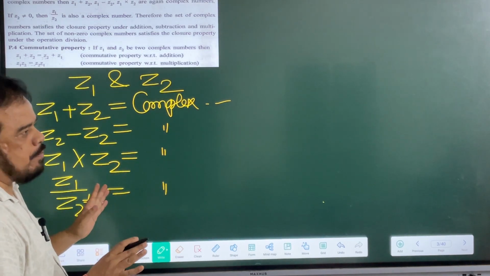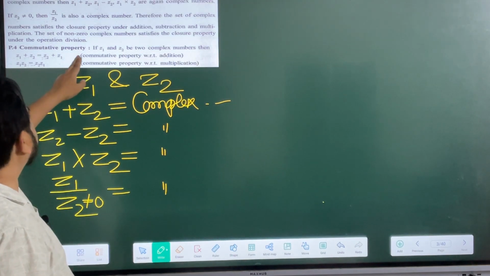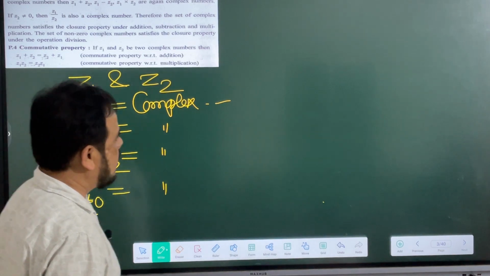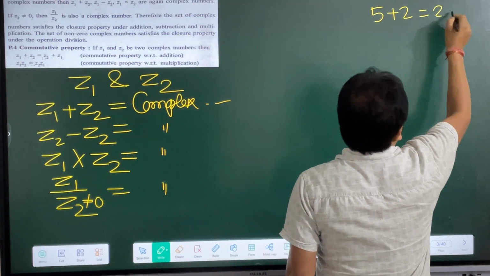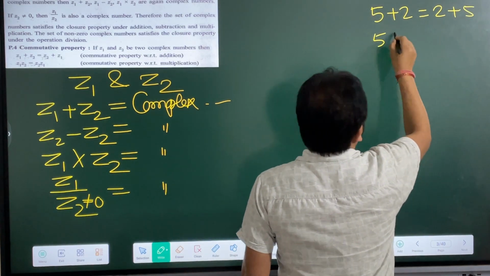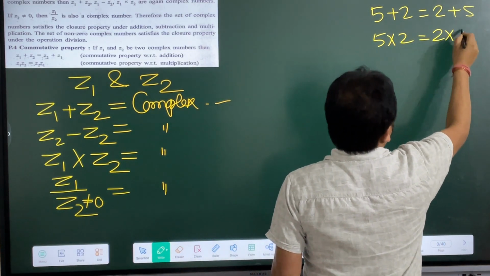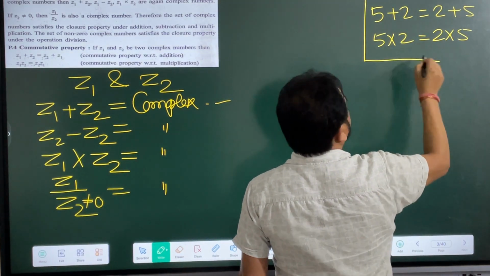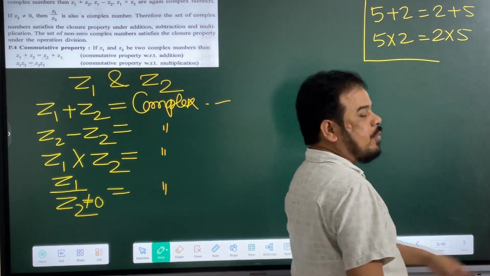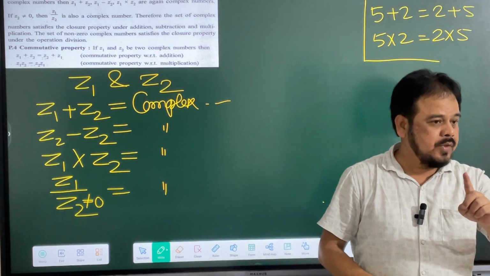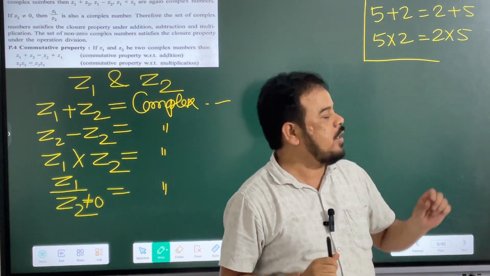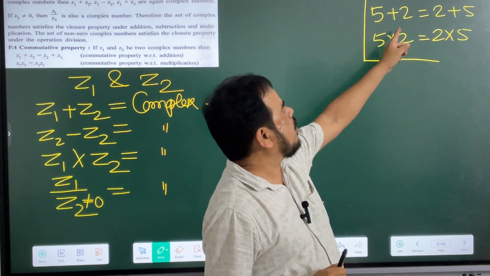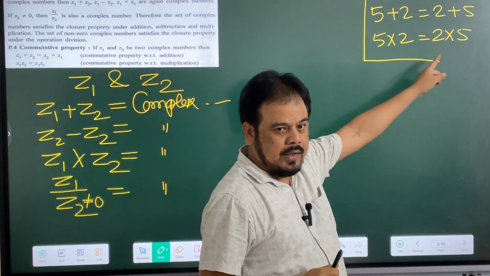The system is the same. Commutative property. 5 plus 2 equals 2 plus 5. 5 into 2 equals 2 into 5. It is the commutative property of addition and multiplication of natural numbers. Commutative property of addition for natural numbers.